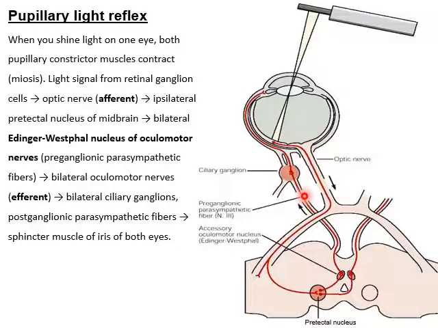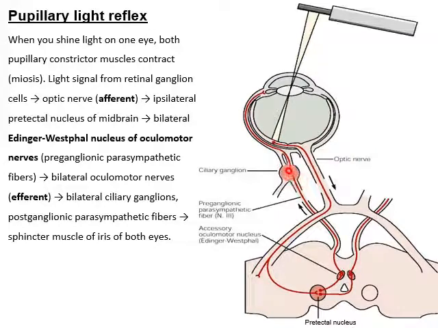So the reflex has two limbs. The afferent limb is the optic nerve, the center is the Edinger-Westphal nucleus, and the efferent limb is the oculomotor nerve. The fibers running in the oculomotor nerve relay in the parasympathetic ganglion, which is called the ciliary ganglion, on the right and left side, so it is also bilateral.